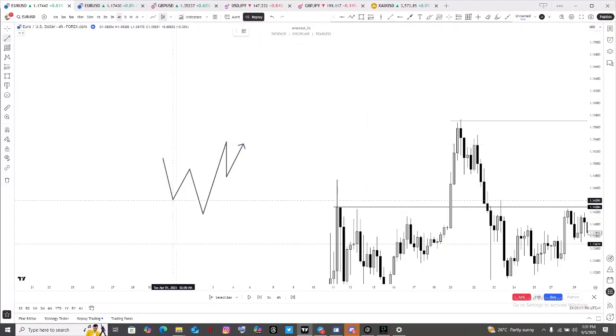Then you can either use a trend line to draw the body of the last candle here, and this will be your entry, or you can mark the full body of the last candle using your rectangle. That is your Quasimodo.